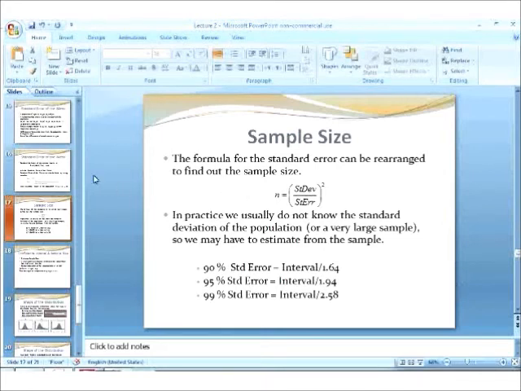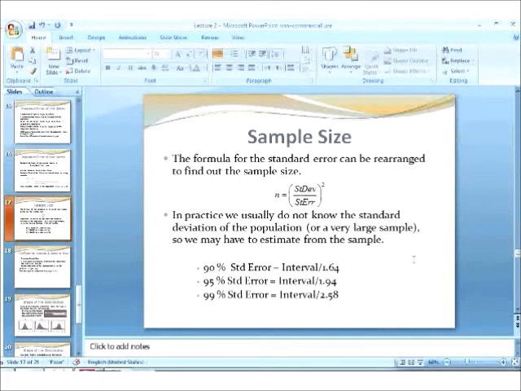Although over here our population was the ages of the 5 people in our group, I can say that it's a sample drawn out of an even larger population, which is not even present there. Is it clear to you that when we say population, the population itself could be a sample? Okay.